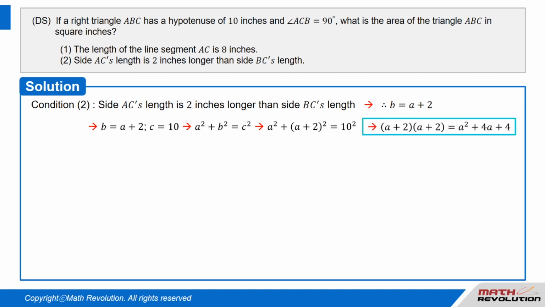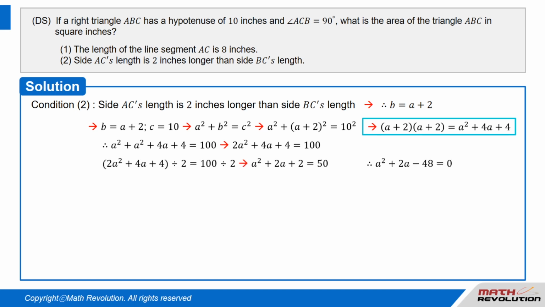We need to FOIL out (a plus 2) times (a plus 2), which gives us a squared plus 4 times a plus 4. So the equation becomes a squared plus a squared plus 4 times a plus 4 equals 100, or 2 times a squared plus 4 times a plus 4 equals 100.